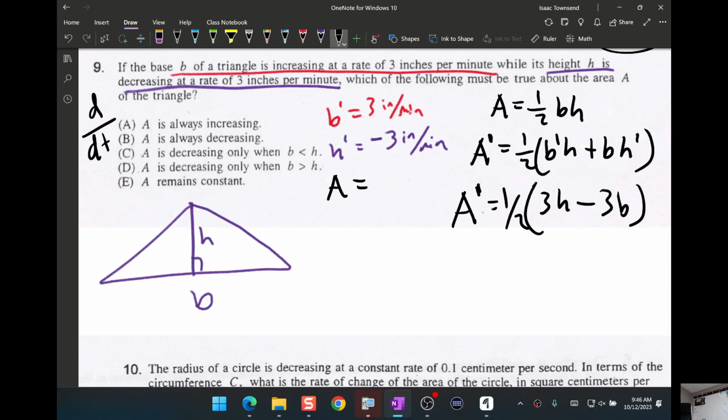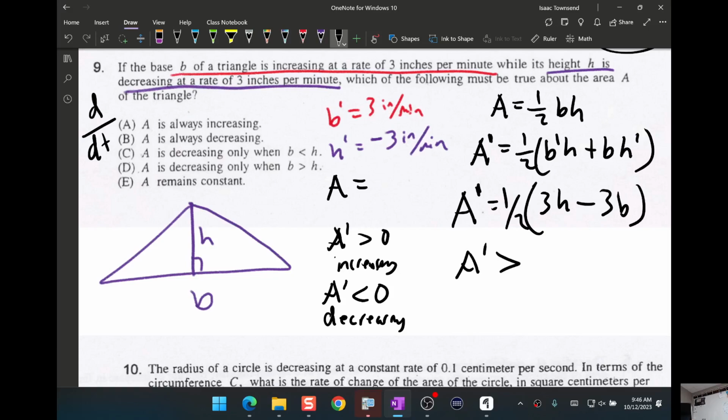So it's going to be increasing if the derivative is positive, and if the derivative of A is negative, the area is decreasing. So unfortunately from here we kind of just have to reason through the rest of this. I would like to know when this is positive, when is the rate of change of area positive?